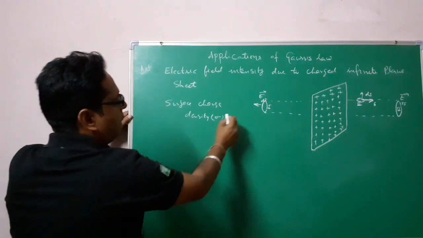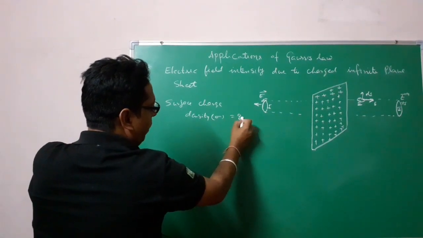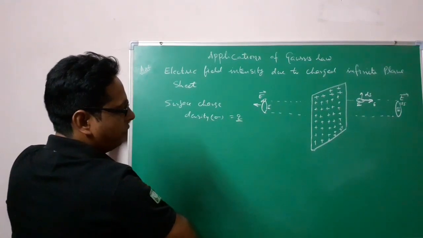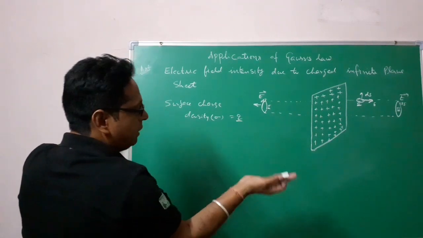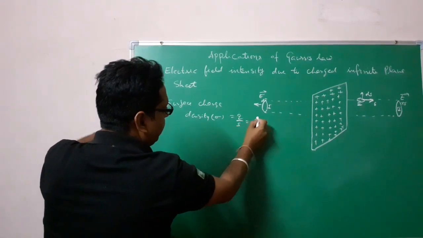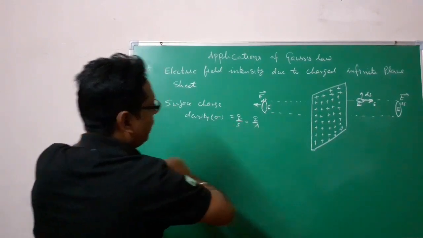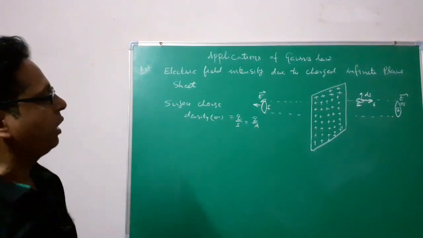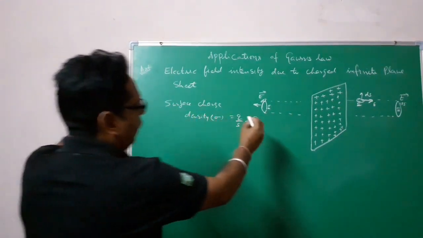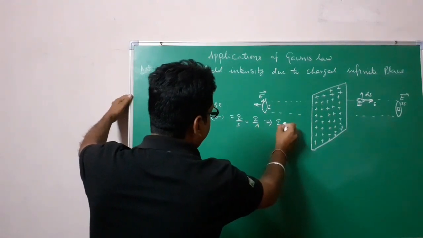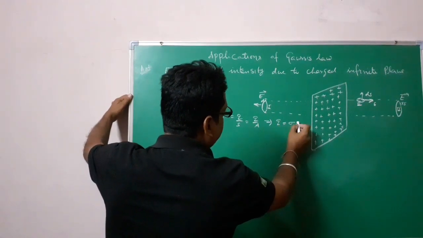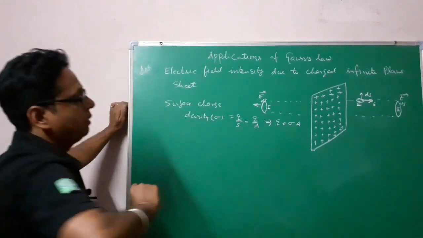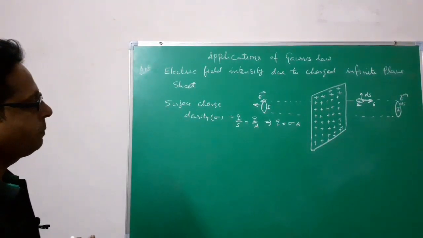This is Q upon S, where ds is a small surface and S is area, so we can write it as Q upon A or Q upon S. From here we can find sigma into S, or area or ds, having the same meaning.